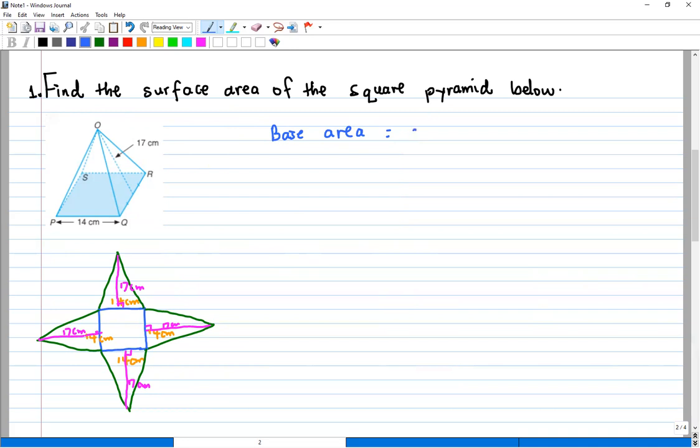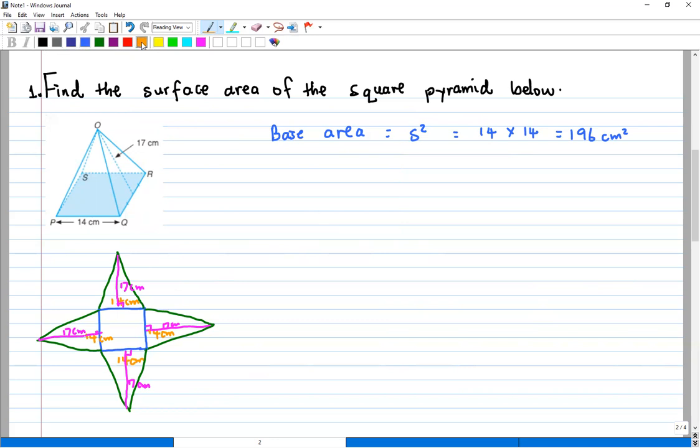That is side times side, 14 times 14, and that will give us 196 centimeters squared.